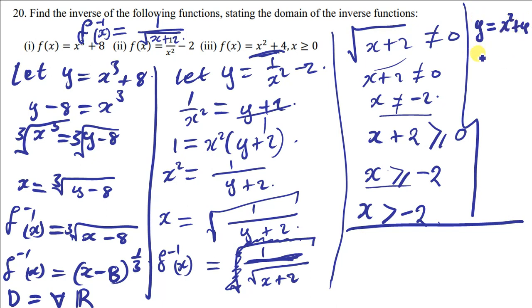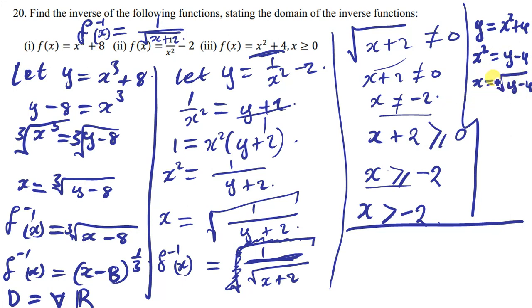When you take this 4 to the other side, you get x squared is equal to y minus 4. So the value of x will become the square root of y minus 4.